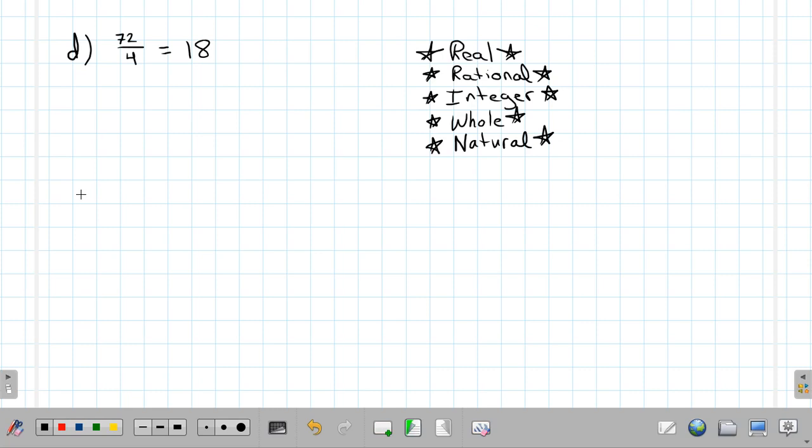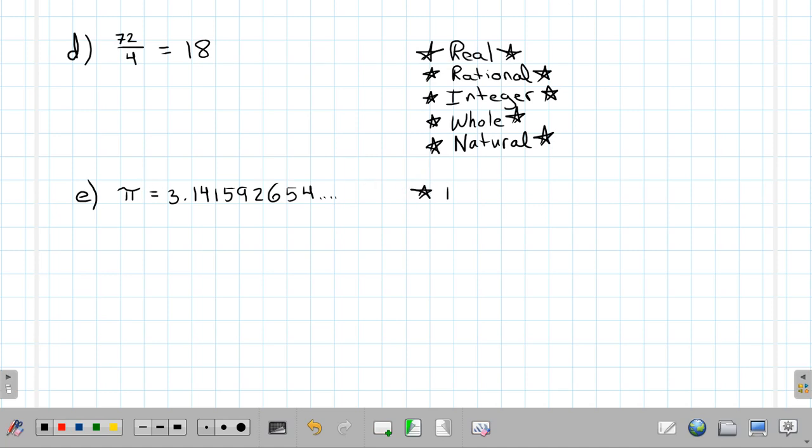Now, this is one that I've already talked about, but they wanted to give you an example of this as well. So part E, they talk about the number pi, and I already told you this is the most famous irrational number that there is. So we already know that this is irrational. But just to cover it again, this is equal to 3.141592654 and goes on forever. Okay, doesn't repeat.